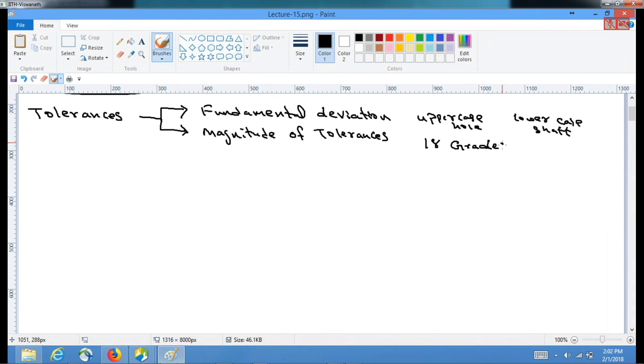That was also shared with you in the last class. So using these two things, we try to quantify the tolerances. And there are two ways to quantify it, either using the hole basis system or using the shaft basis system.